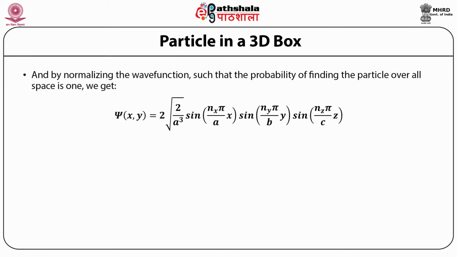And by normalizing the wave function, we get psi(x,y,z) is equal to root of 2 by a sine of nx pi x by a multiplied by root of 2 by b sine of ny pi y by b multiplied by root of 2 by c sine of nz pi z by c.